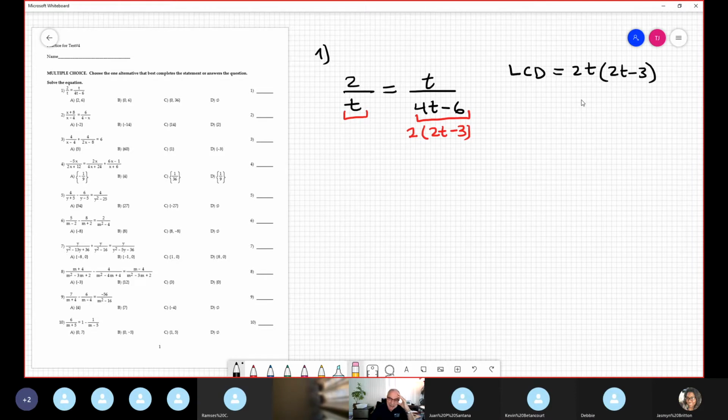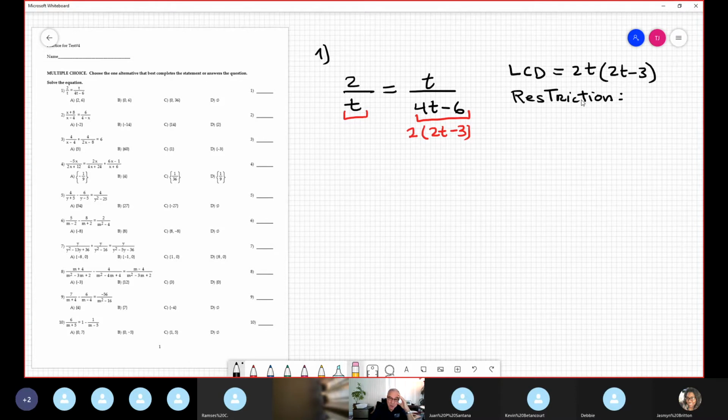Now we declare at that moment the restrictions. What is the reason we declare restrictions? Because this equation sometimes has an extraneous solution.